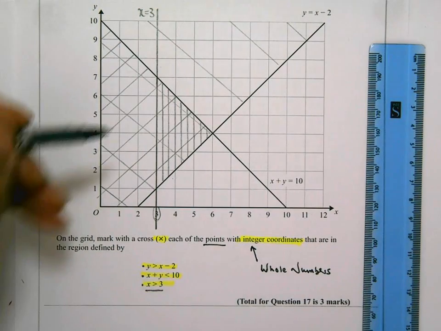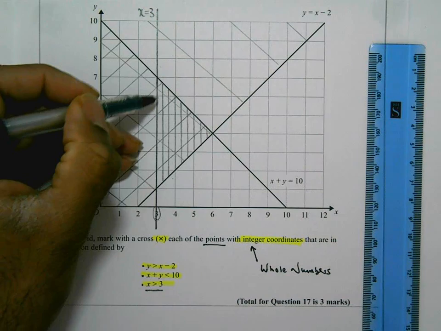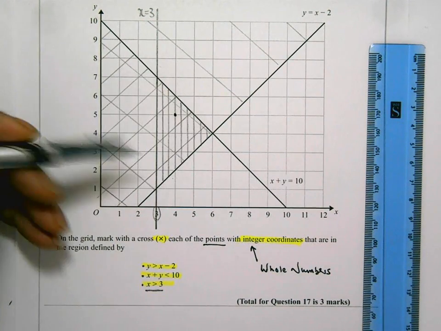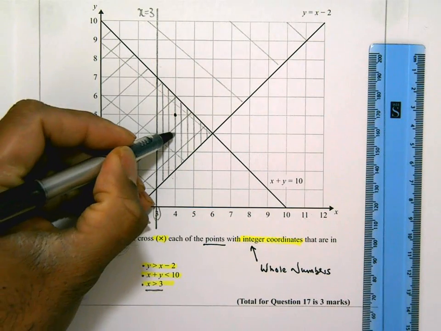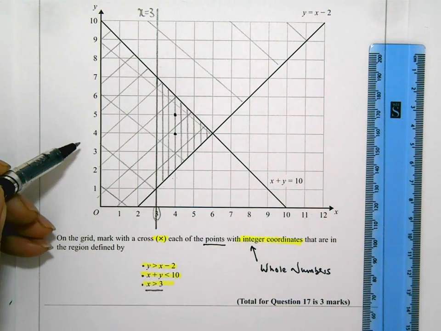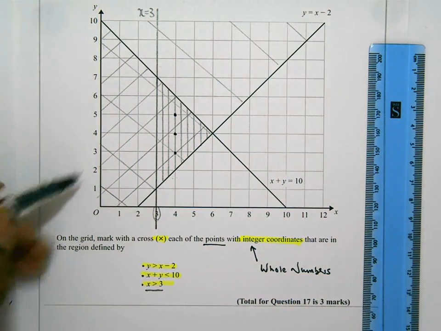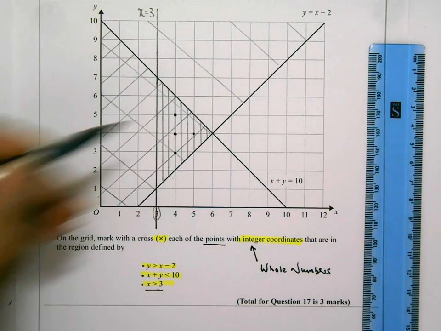Now, because I've shaded it in, it's maybe a bit more difficult to see, but that there is where the lines crisscross. That's 4, 5. That there is another coordinate, 4, 4. That there is another possible answer, 4, 3. Over there is another possible answer, 5, 4.